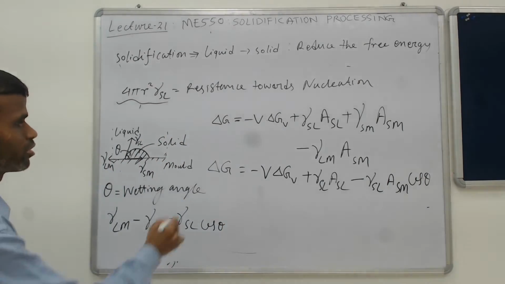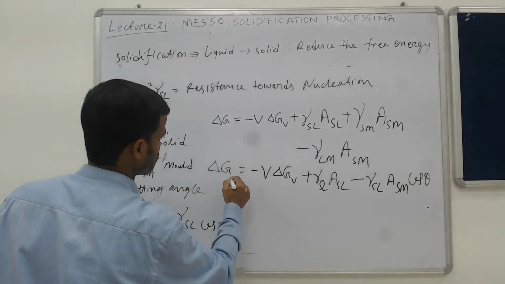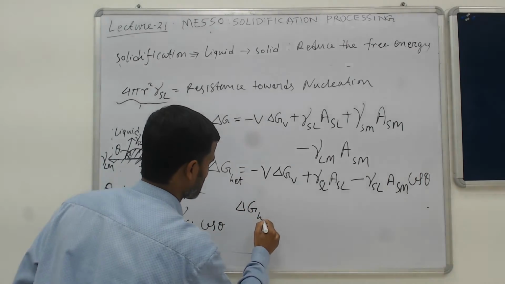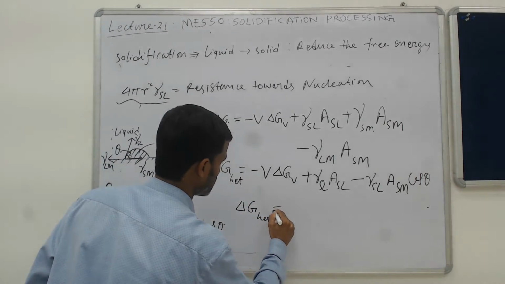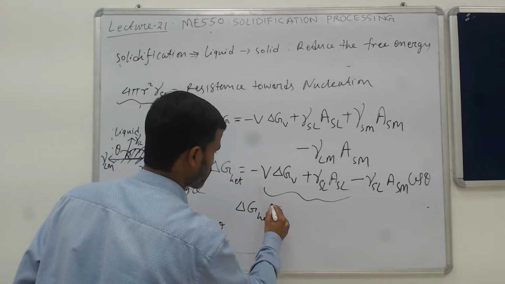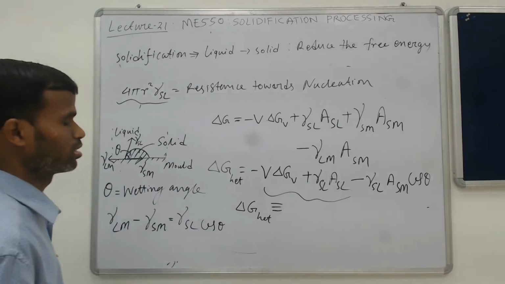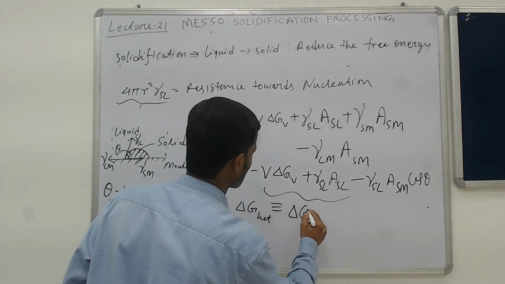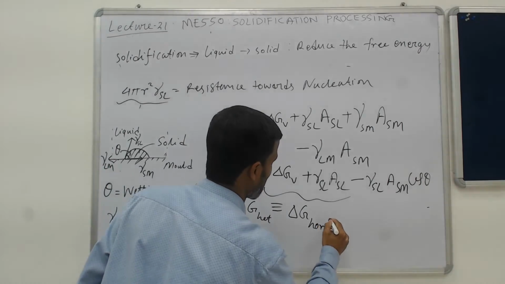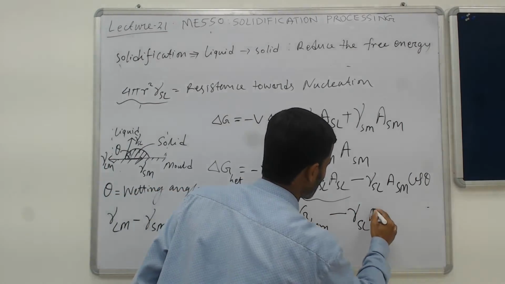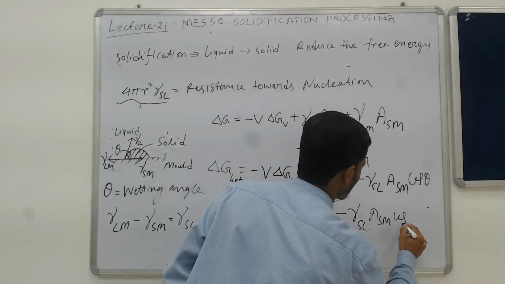Now if we call it free energy change for heterogeneous, delta G heterogeneous is equivalent to delta G homogeneous, but there is some additional term, which is gamma SM A SM cos theta.